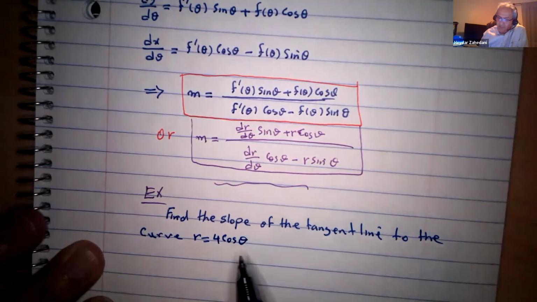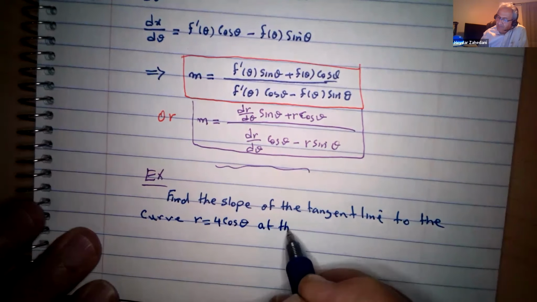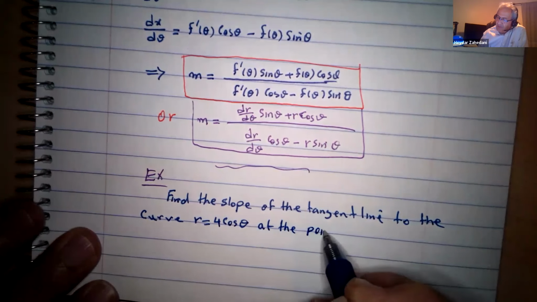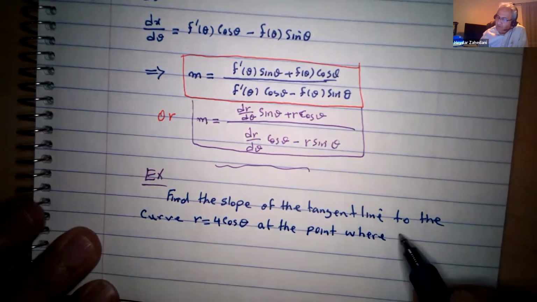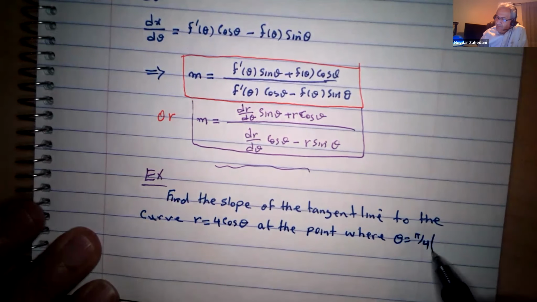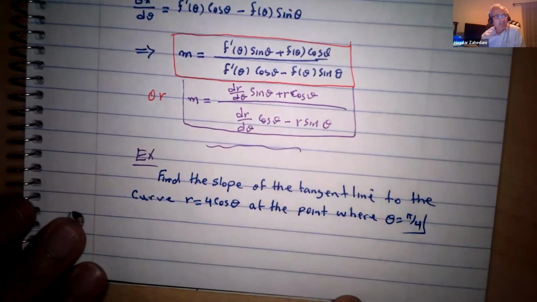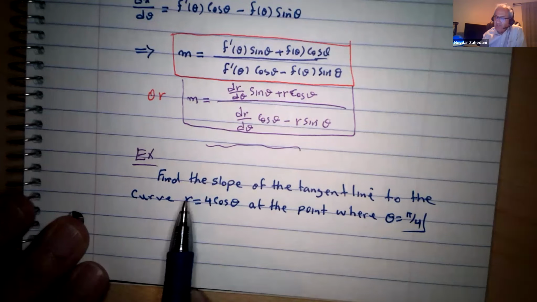This is going to be a circle. At the point where theta is equal to pi/4. This is the way the question will be given. So this r is the same as f of theta.